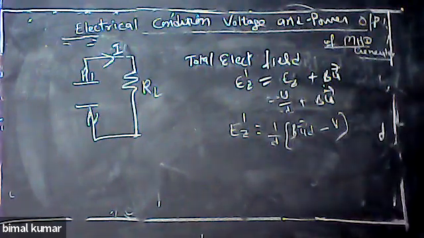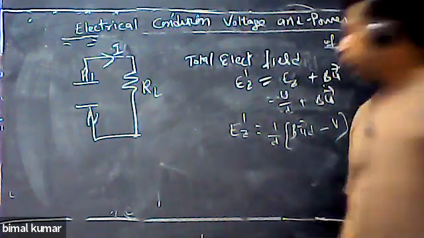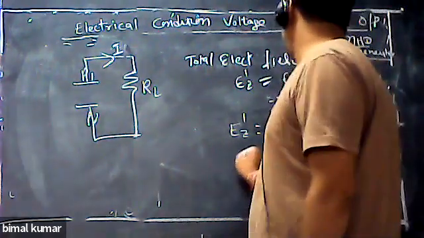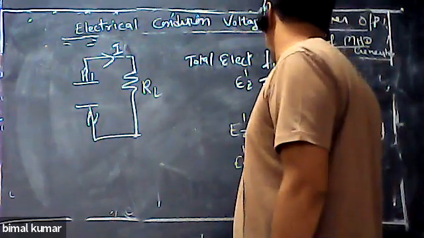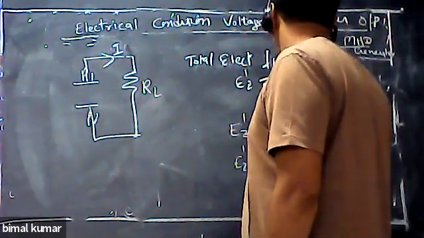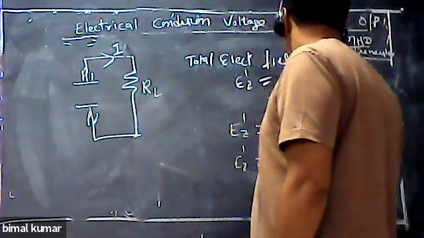Bud is equal to E naught. So Ez dash is equal to 1 by d into E naught minus v.